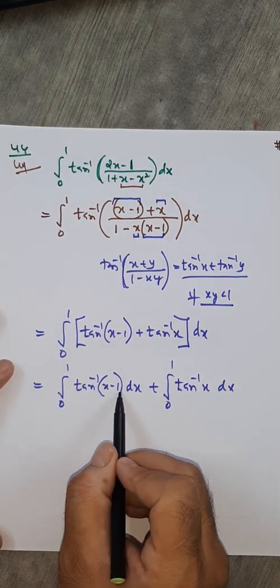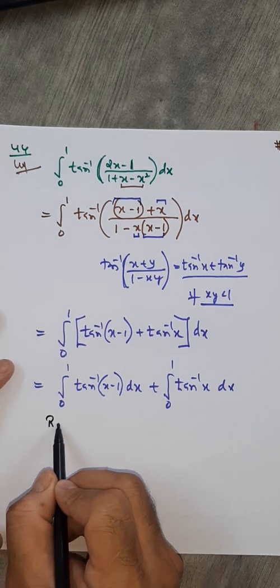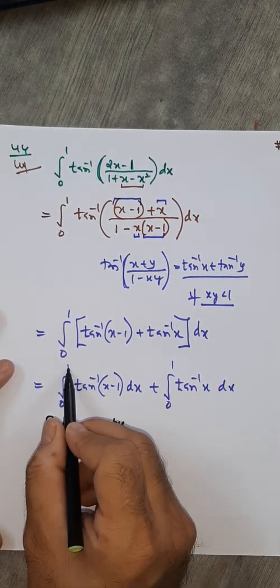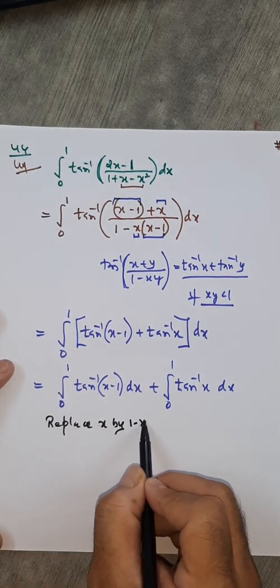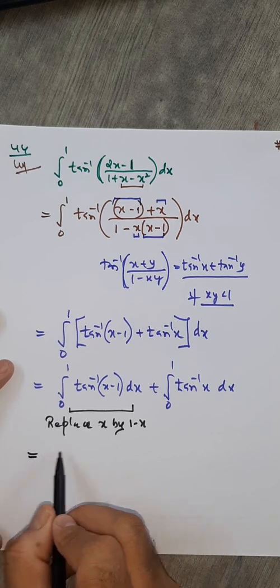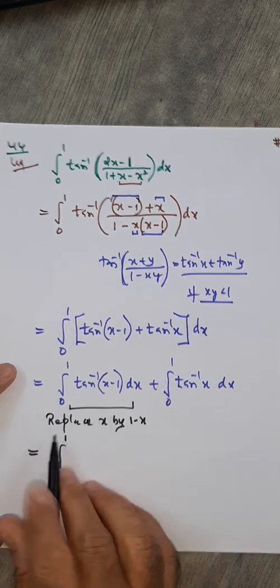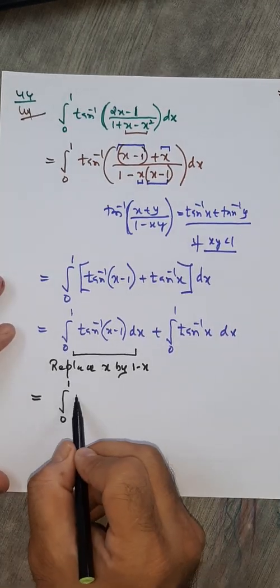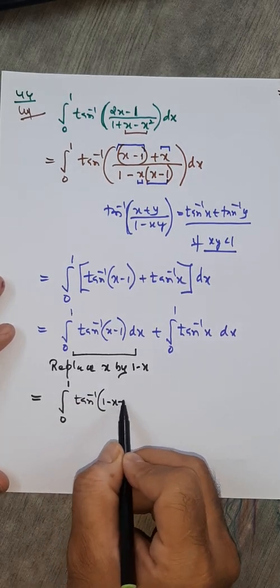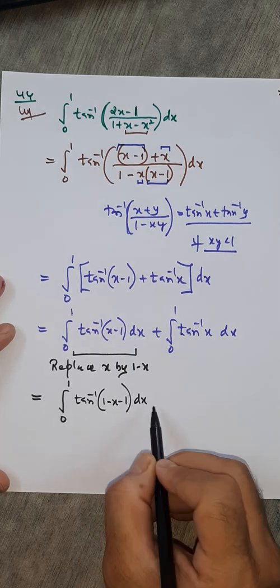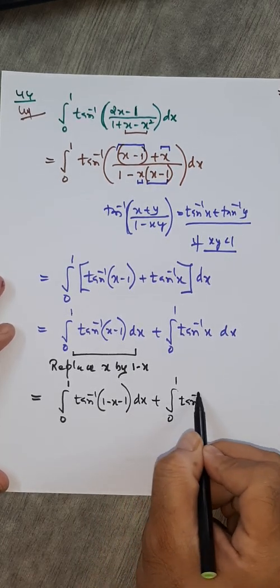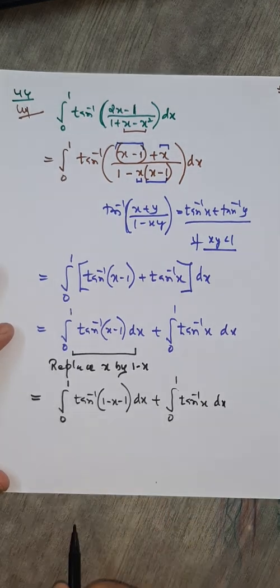here you can take x minus 1, or you can replace x by 1 minus x. I'm using this property only in the first integral. So what happens? 0 to 1 tan inverse of 1 minus x minus 1, the whole dx, plus integral 0 to 1 tan inverse x dx.